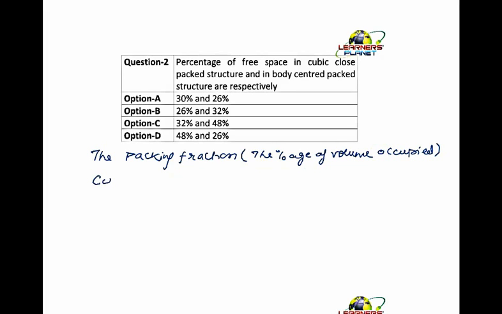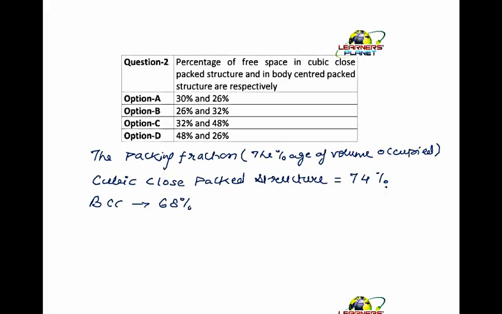Right? For cubic close packed structure, the packing efficiency is 74%, and that of BCC, that is body centered cubic, is 68%.